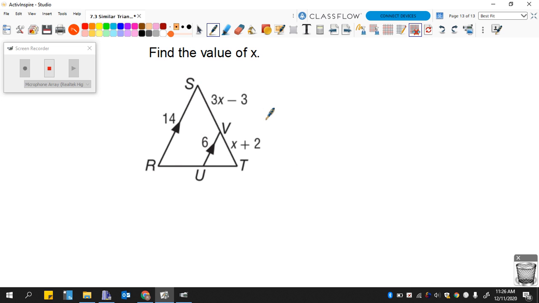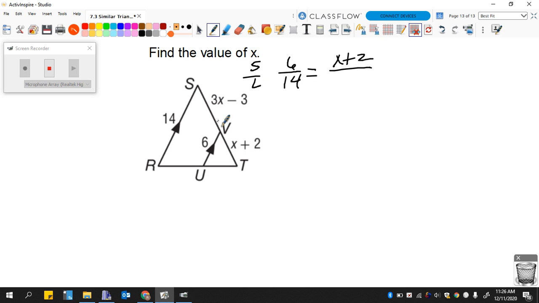All right. And once again, this is another one very similar to what you're going to have in your classwork. Okay. So we're going to have 6 over 14 is equal to, the small one here is x plus 2. This is small over large. Okay. X plus 2, and then we have to add them together.